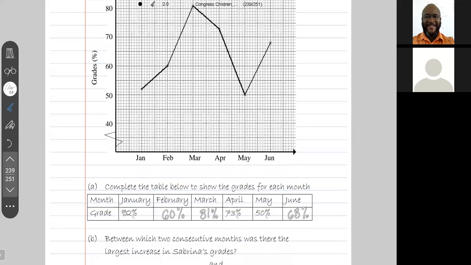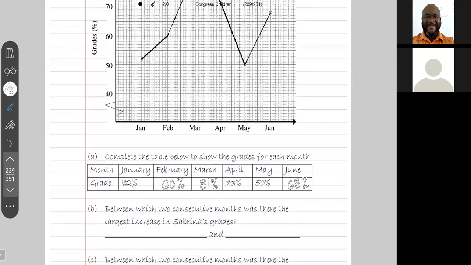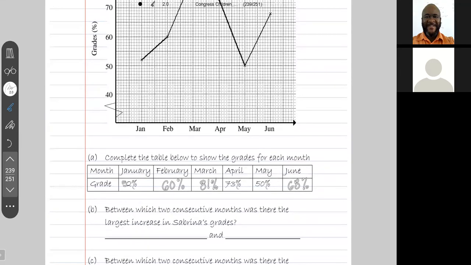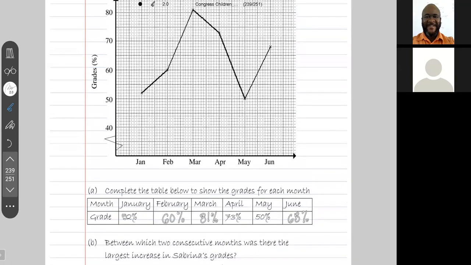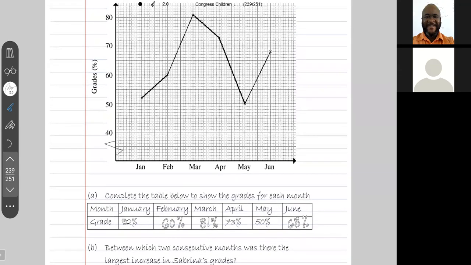All right. Now here's what we're asked. Between which two consecutive months was there the largest increase in Sabrina's grades? Just looking at the table, we can see the largest increase was between February and March, when it jumped from 60 to 81.